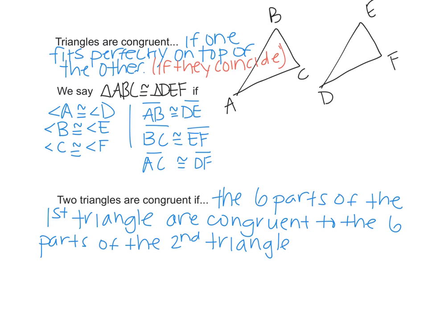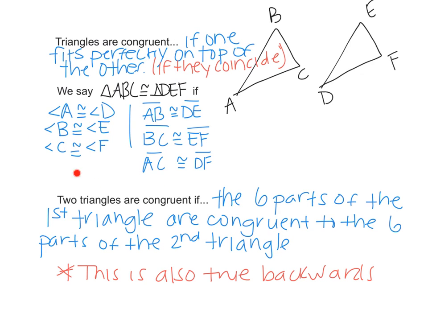So this is also true backwards. Okay, so that means that if two triangles are congruent, then the 6 parts are going to be congruent, right? Because if the 6 parts are congruent, then the two triangles are congruent. Okay, so the 6 pieces to remember are these 6 right here.